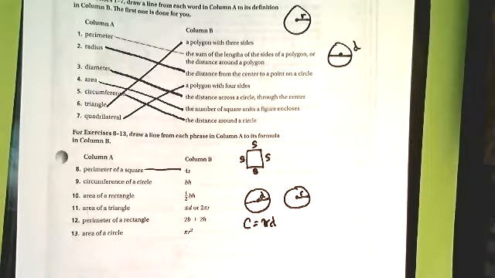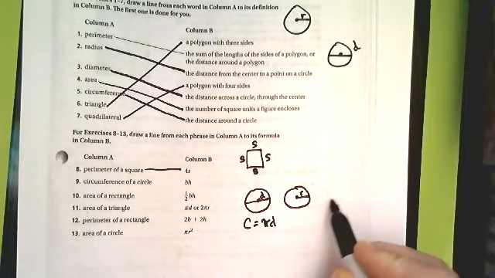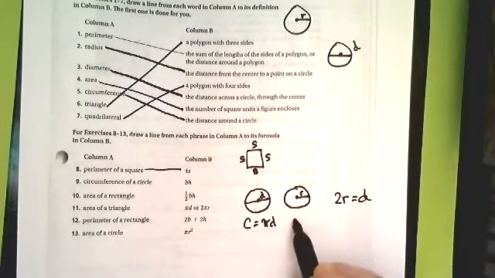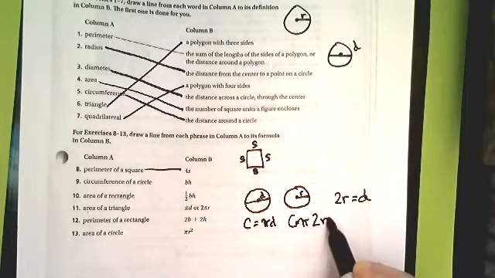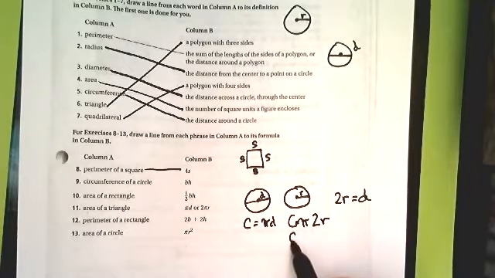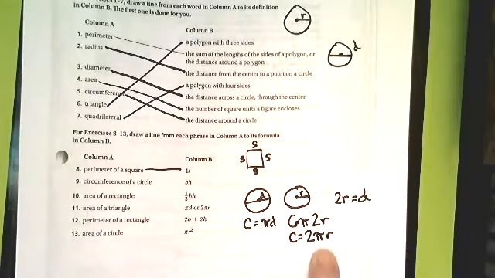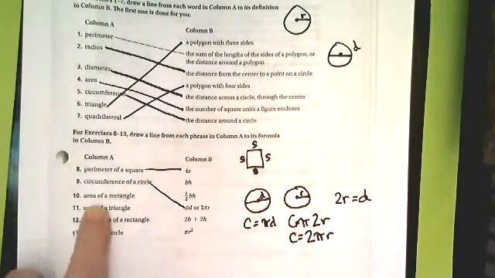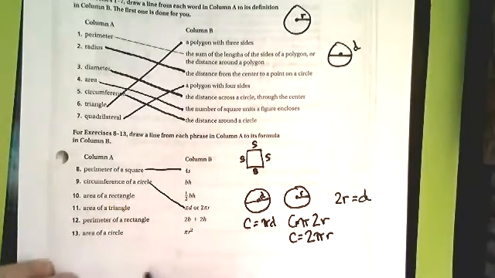What's the relationship between the radius and the diameter? Multiplying by 2. That's that one. Area of a rectangle.